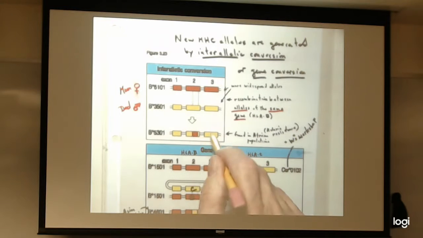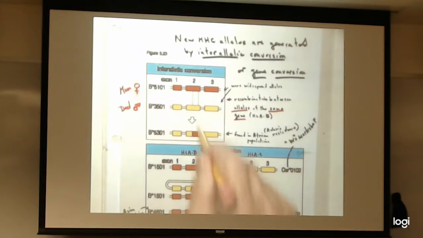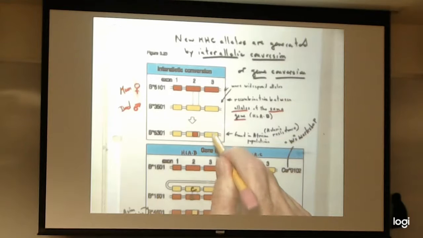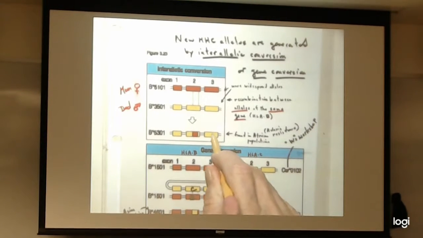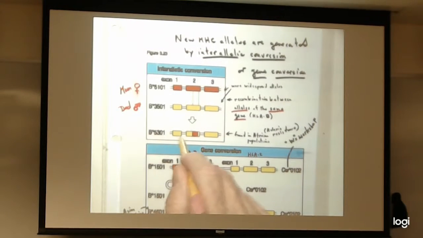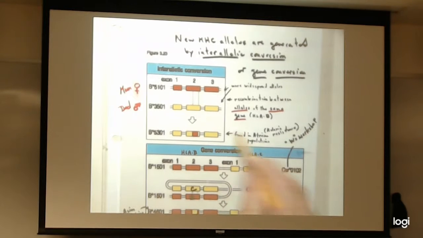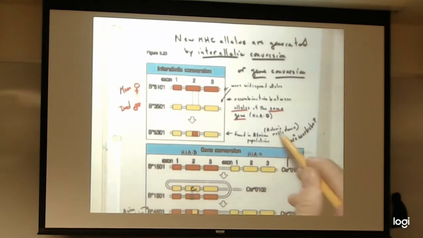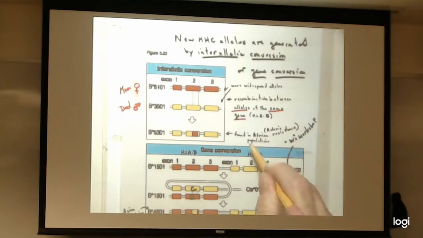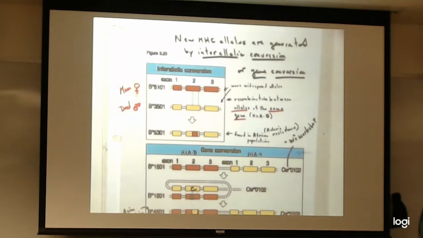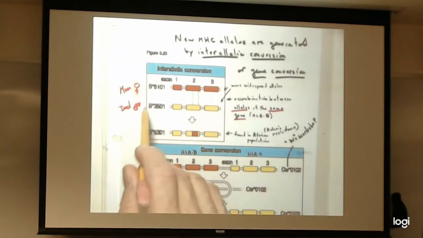Now, this particular recombinant allele of the class 1 B gene is found a lot in African populations where there's a lot of malaria, so it somehow contributes to malarial resistance, that particular mutant allele of the MHC1B gene.